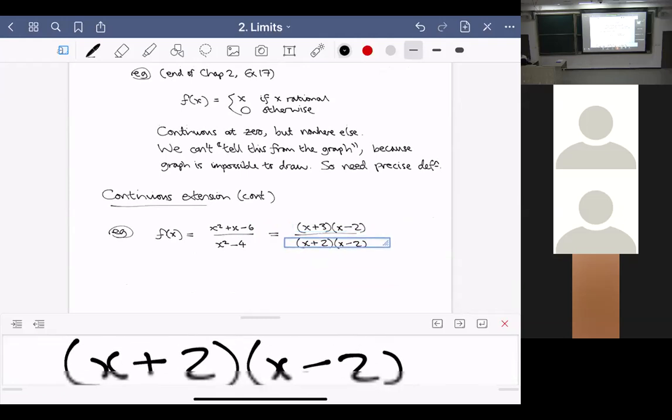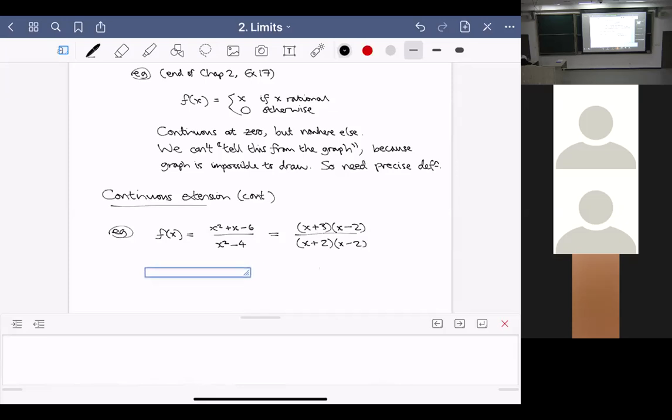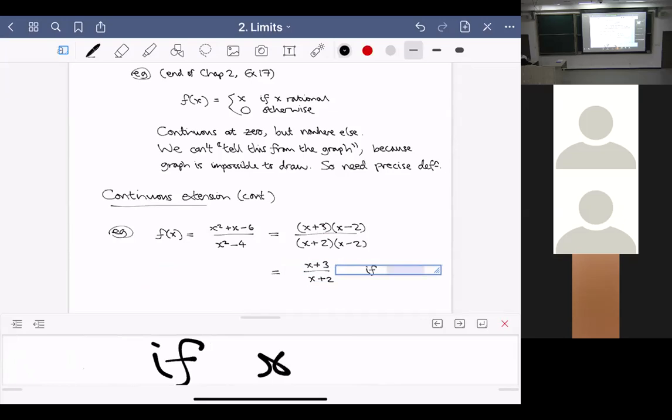We can factorize like that. And so that is equal to x plus 3 over x plus 2. Obviously there we're using that x is not equal to 2.